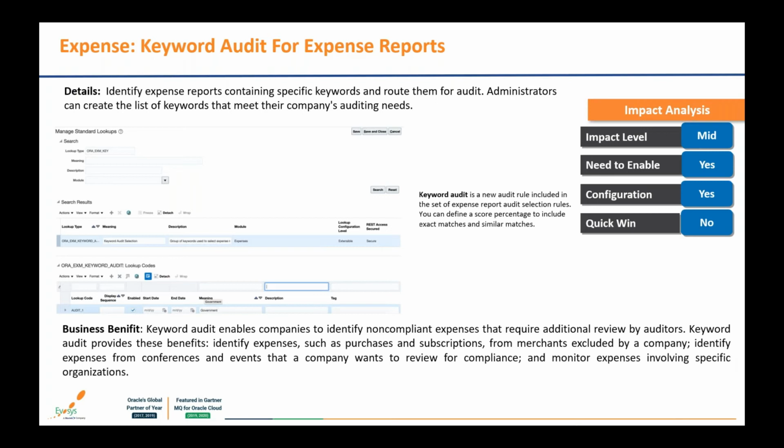So if we want to make sure that those expense reports are audited, even if they don't meet the other criteria, then Oracle has now introduced this feature wherein I can specify in my configuration that if the expense report contains these specific keywords, automatically send them for auditing. So unless and until the expense auditors have audited the report, it will not be available for payment. So it is a good feature for tighter controls around the expense payments, if we have any such requirement.